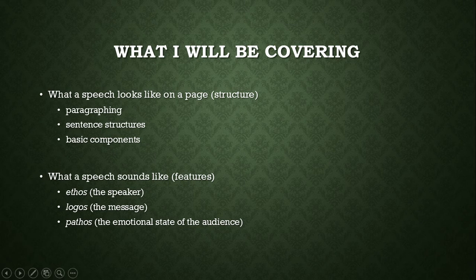So we'll be using words like contention and arguments. And then the pathos, so the emotional state of the audience, or when Aristotle refers to this, he means the speaker's use of techniques, use of rhetoric to evoke emotion in his audience and in specific audiences.